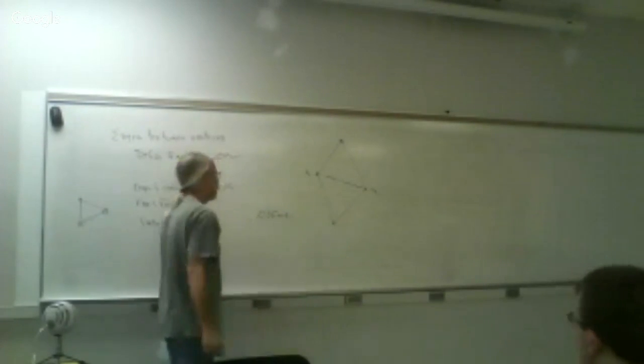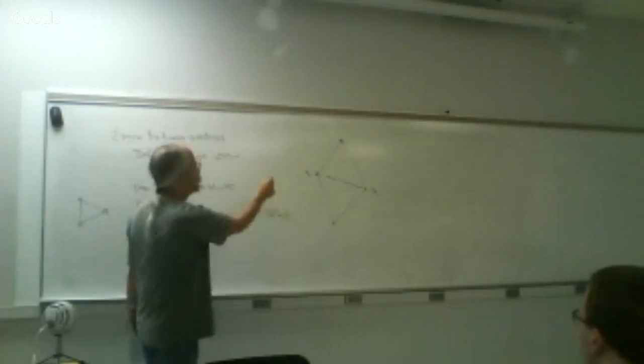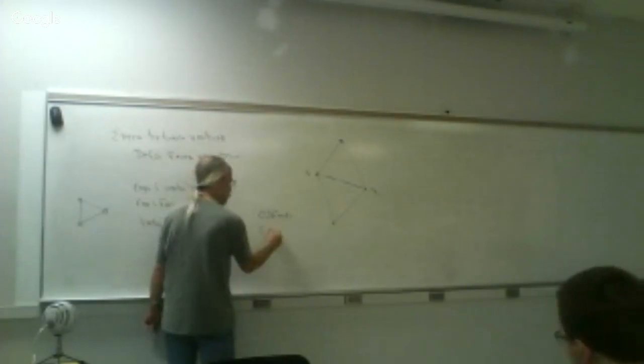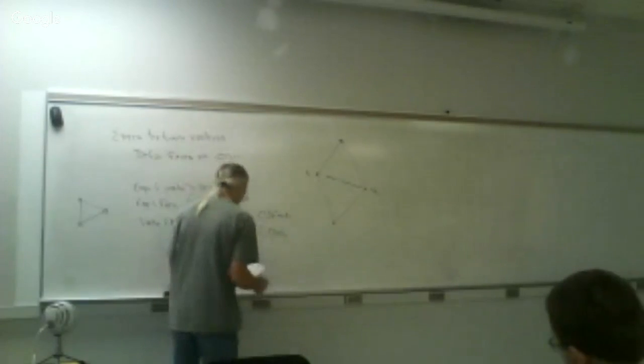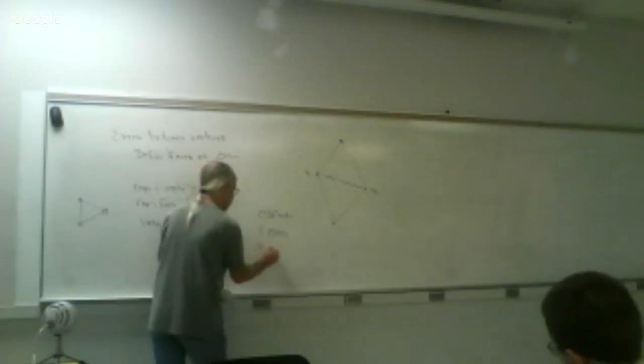I have 5 edges, I believe: 1, 2, 3, 4, and then the new one is 5. And there's 4 vertices in this.